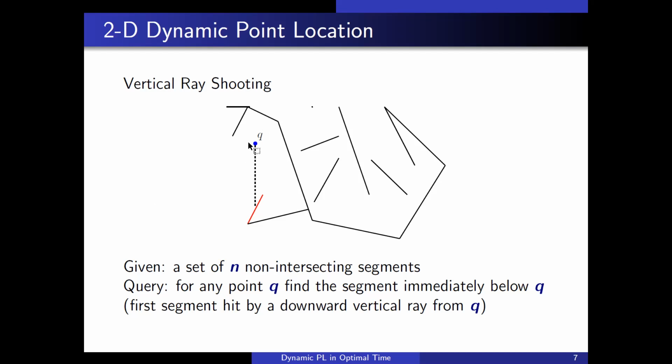And now when we're given a query point Q, we want to report the first segment, or the segment immediately below this point Q. Or in other words, suppose that we drop a stone from the point Q or shoot a downward vertical ray from Q, then we must return the first segment that will be hit by this ray or this stone.